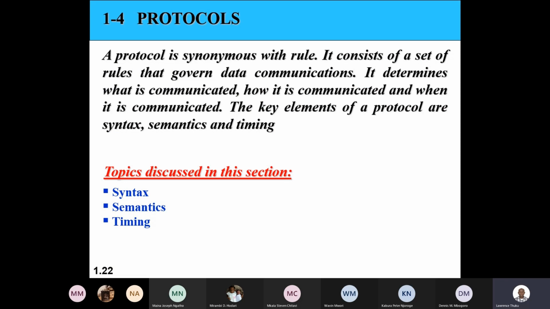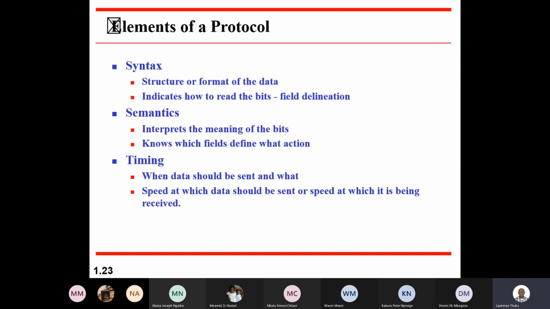When we focus on the OSI model, it shall help us look more at those protocols and how they function. In this case, you want to look at the syntax, the semantics, and the timings for these protocols, and how they facilitate communication.